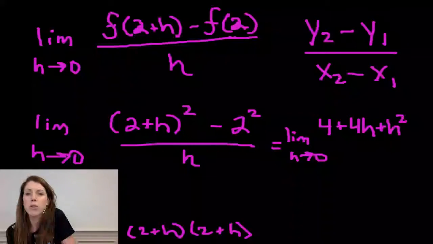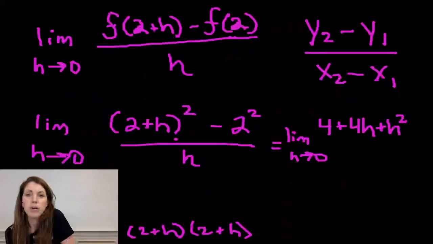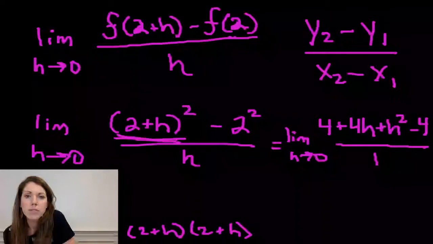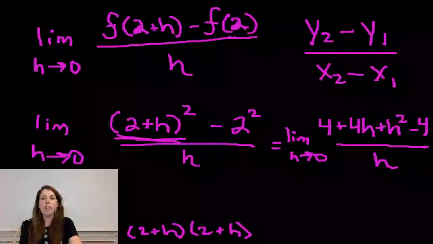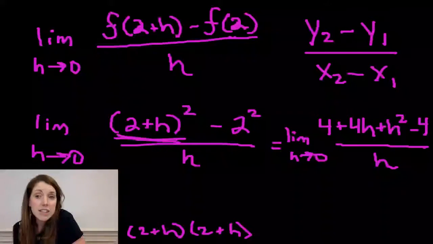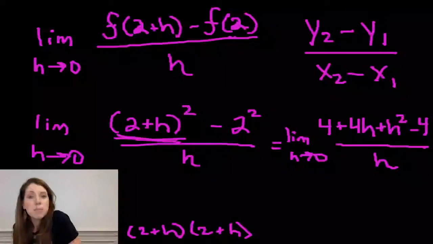That FOILs out to 4 plus 4h plus h squared, minus 4, all over h. All right, we still have a problem because in order to find the limit as h goes to 0, we have to plug this in. But if I plug in 0 right now, I'm going to have an error. I'm going to have a problem. So we need to see if we can simplify this.